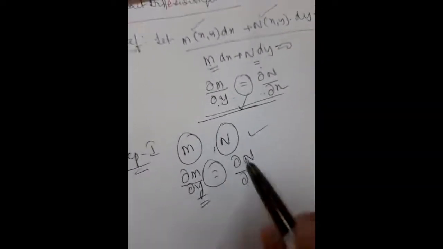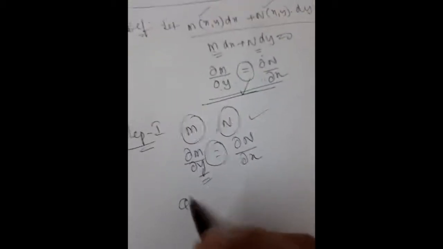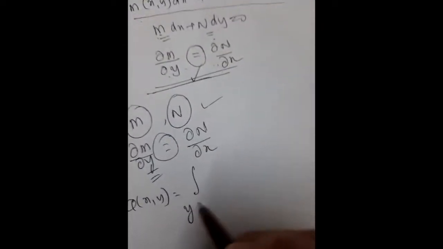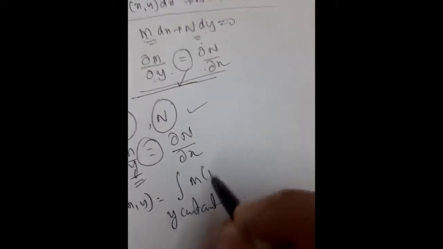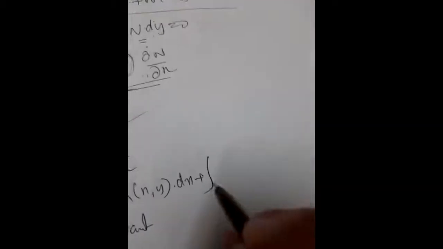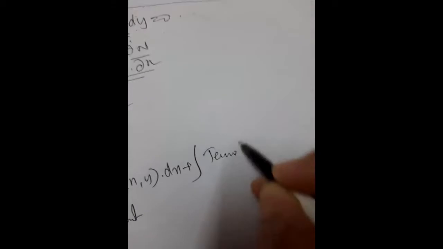That's the first step. After checking that the equation is exact, you have to find the solution. The solution is phi of x comma y equals the integral of M of x comma y dx, keeping y constant, plus the integral of terms not containing x.